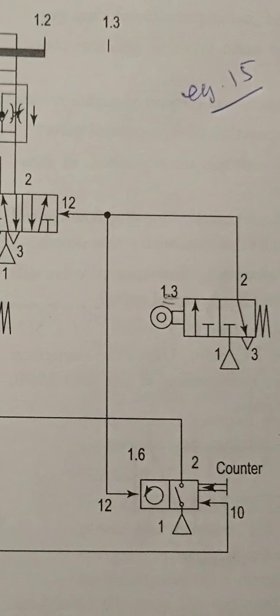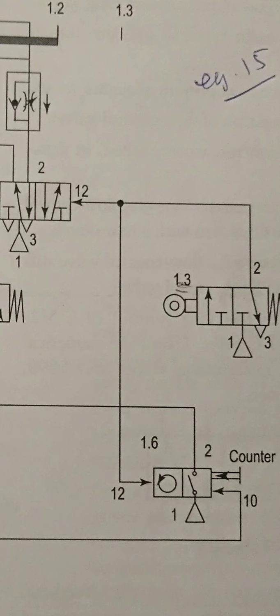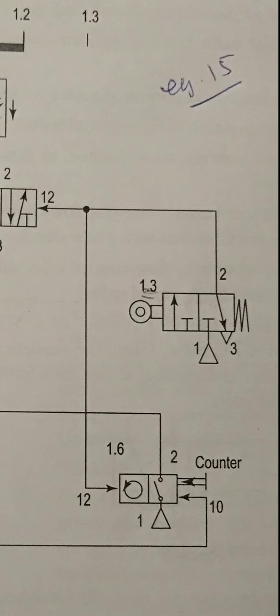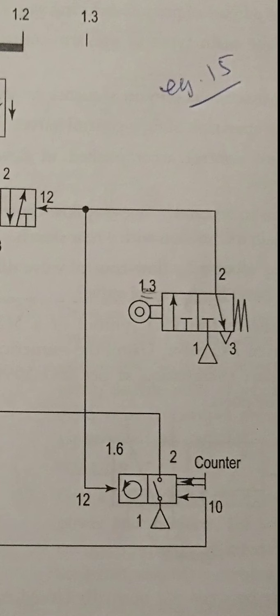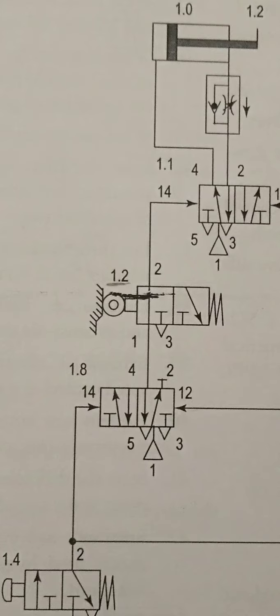So this was the counter, and whatever count you have set, when it is reached, it will stop, which we'll see in example number 2.